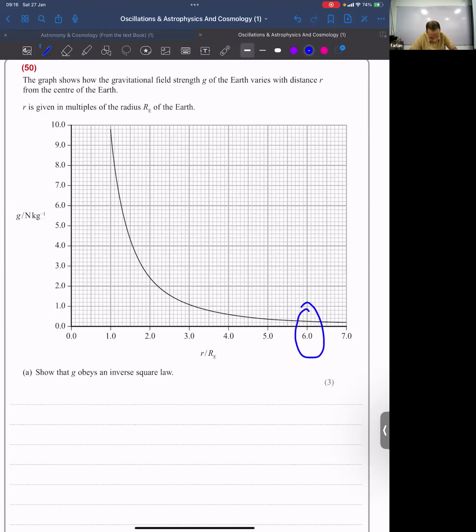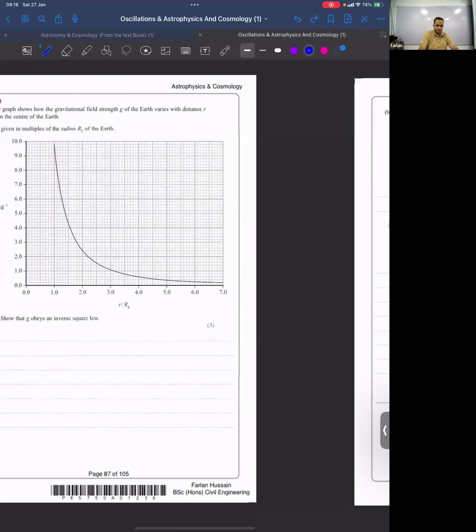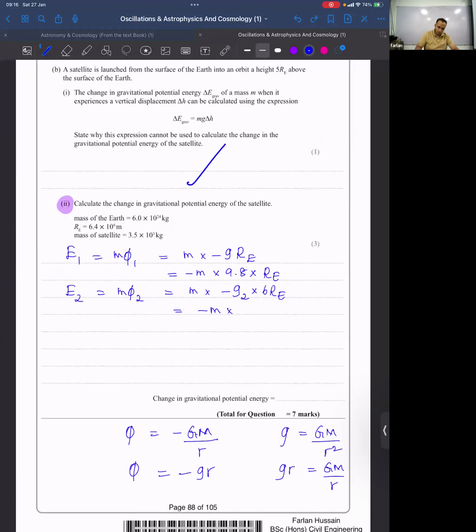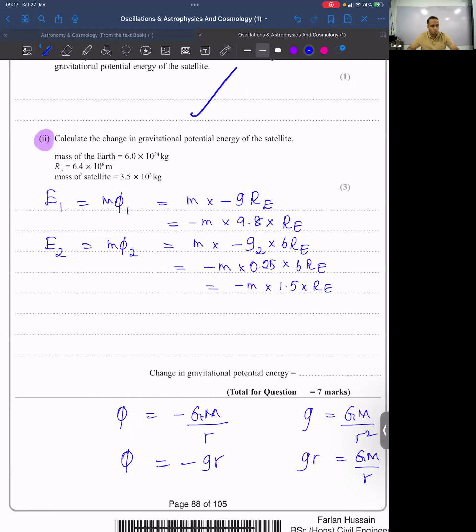So I think it is about 0.25 maybe. That is the g2, into 6Re. So that is minus m, 0.25 into 6 is 1.5 Re. This is the E2.